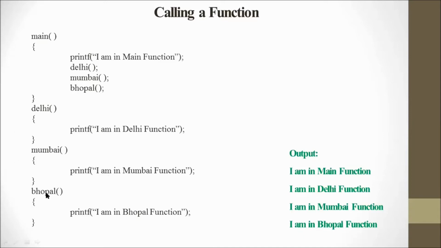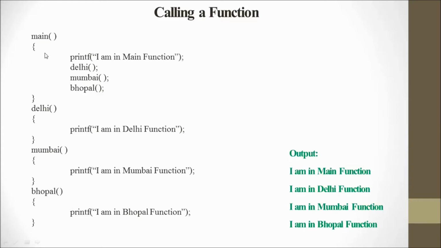During the Bhopal function call, the main function goes into sleep mode, or we can say suspend mode. The Bhopal function will activate, and here it prints I am in Bhopal function. So the last statement, I am in Bhopal function, will display, and after the Bhopal function completes, the control goes back to the main function.